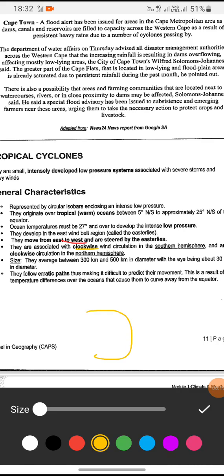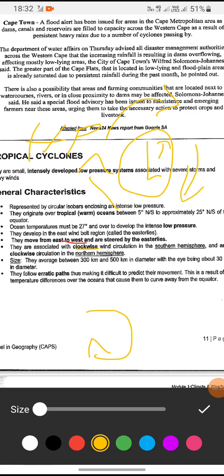Clockwise, and then it is low pressure. So low pressure in the southern hemisphere moves in clockwise direction. Then high pressure moves anti-clockwise. Just because a tropical cyclone develops around a low pressure, it moves in a clockwise direction.